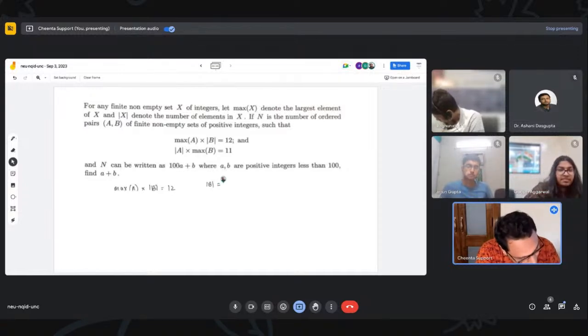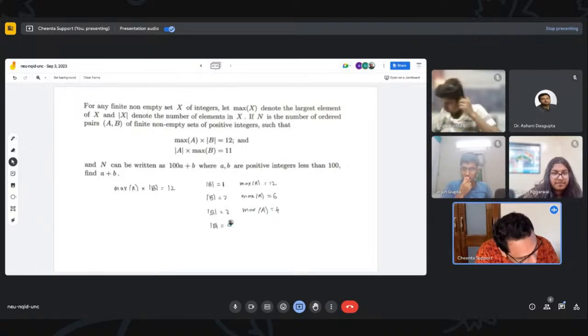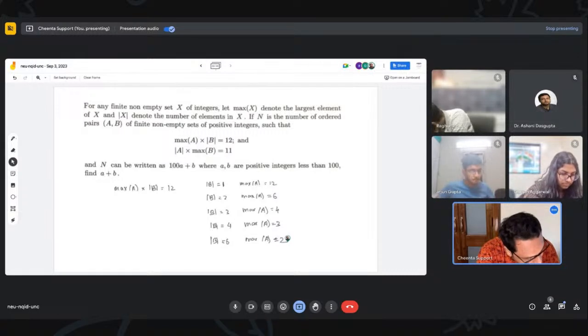Mod B equals 1, max A equals 12; mod B equals 2, max A equals 6; mod B equals 3, max A equals 4; mod B equals 4, max A equals 3; mod B equals 6, max A equals 2; and mod B equals 12, then max A equals 1.